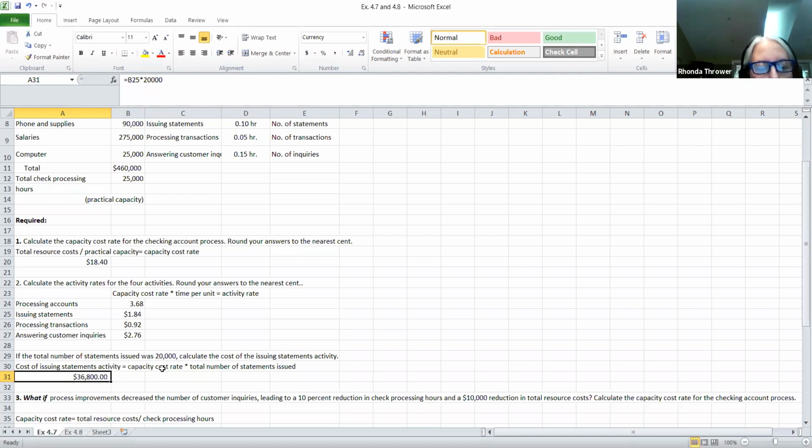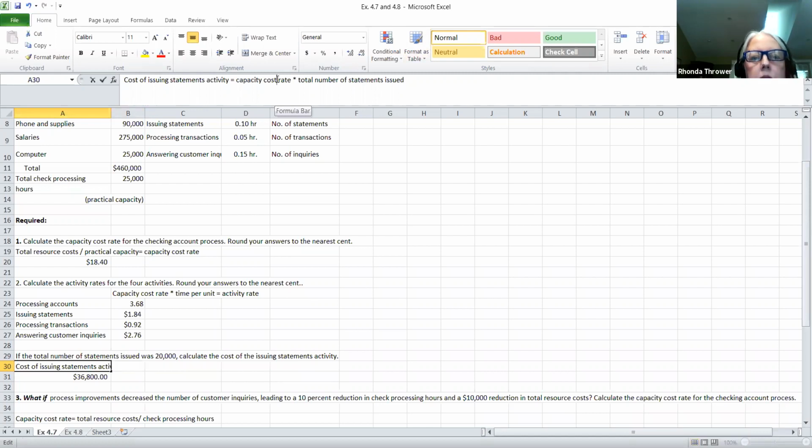I think I could have better stated this as the activity rate here, not the capacity cost rate. It should be activity rate times the total number of statements issued.